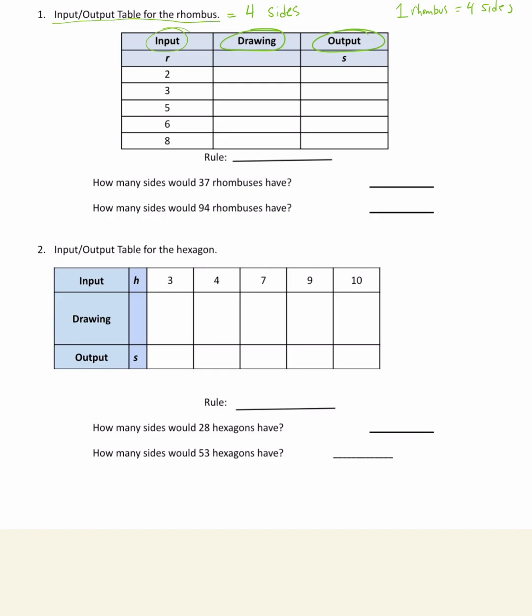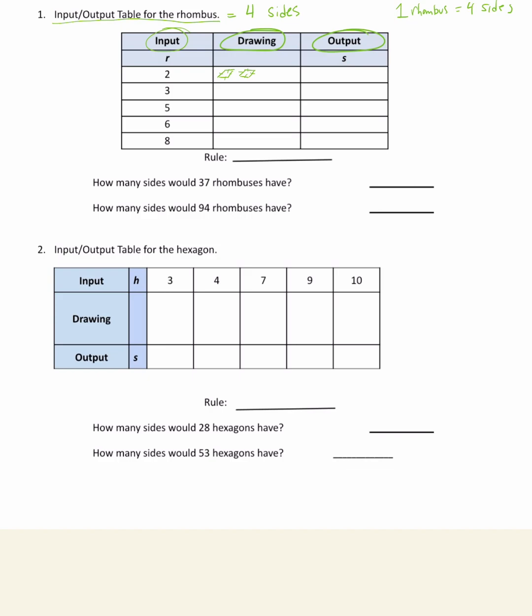Now I want you to think about 2 rhombuses. Your drawing does not have to be perfect by any means. Remember, a rhombus is kind of like that. And the most important thing for you to know is the rule. So we know that one rhombus had 4 sides. So 2 rhombuses, well, one rhombus still has 4 sides, right?